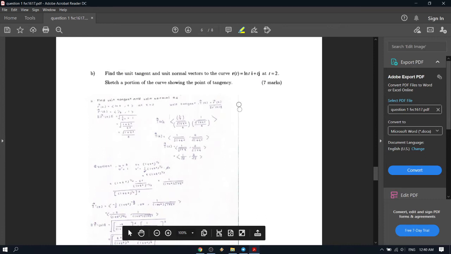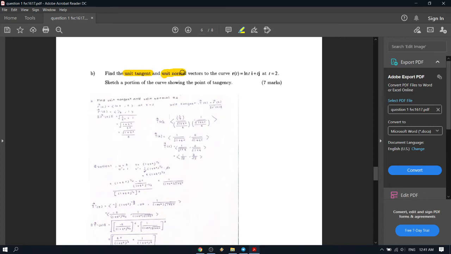Okay. For question 1b, find the unit tangent and unit normal vectors to the given curve, something like this, at t is equal to 2, and sketch the portion of the curve, right? Okay, first we need to settle the unit tangent first.